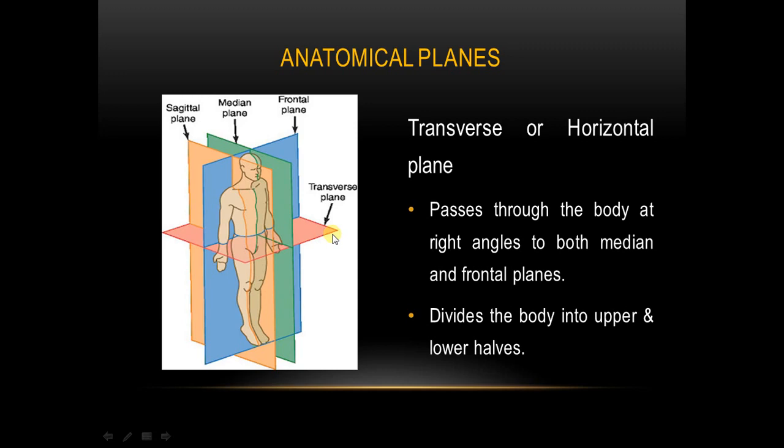Any cross sections you see are at this transverse plane, and if you divide it in the middle, it divides into two halves, an upper half and lower half, and again the upper half and lower half will not be equal. Again this is only asymmetrical. So we have seen the mid-sagittal plane, parasagittal plane, coronal plane, transverse plane.